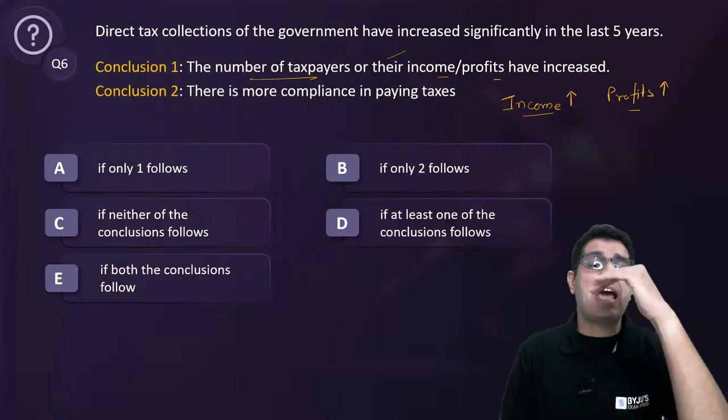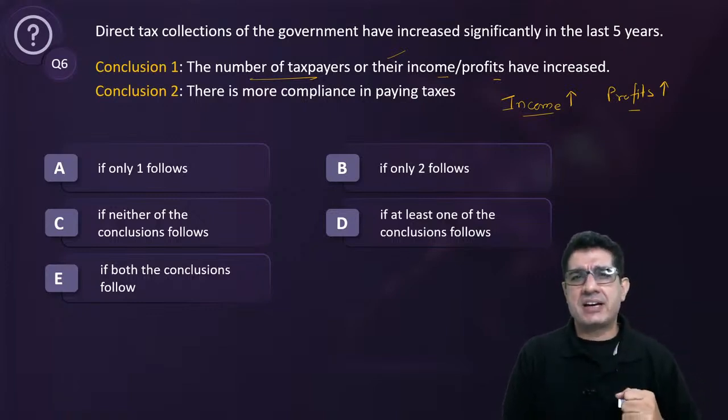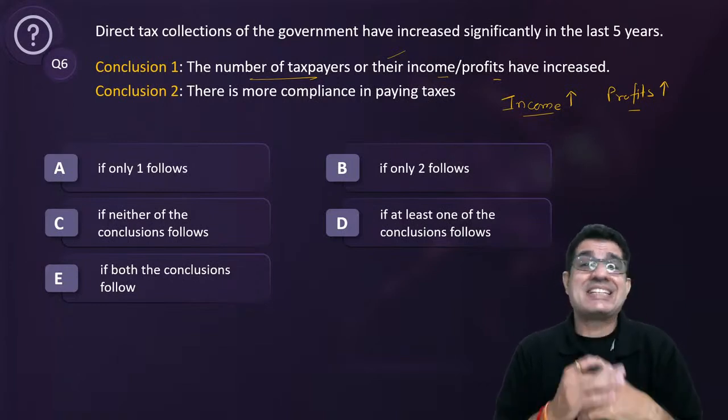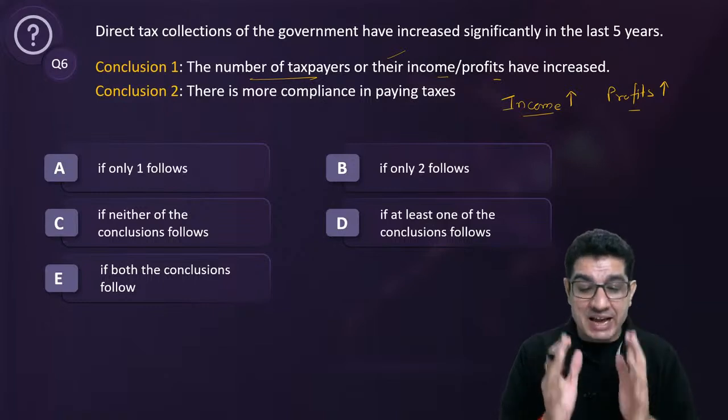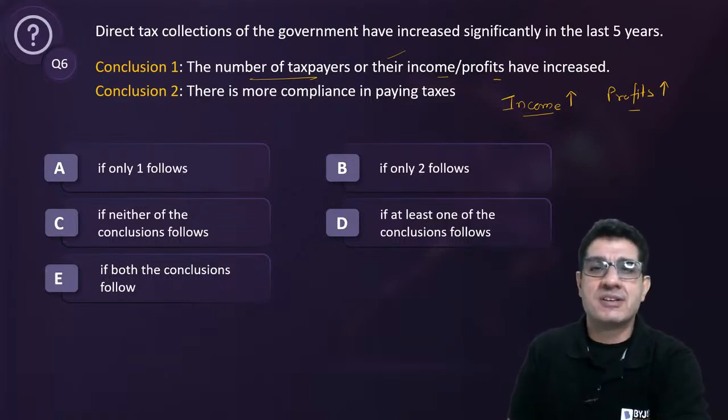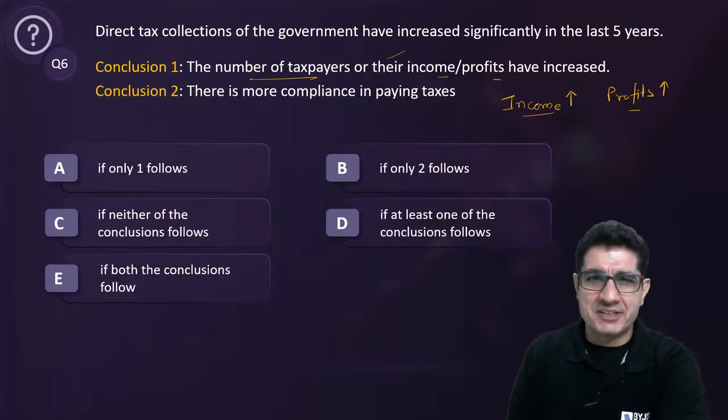Now, can I be absolutely certain of the fact that it has to be first, it has to be second? It can be first, it can be second, it can be both, but I cannot be absolutely certain that both the conclusions, both of these things have occurred. But at least one of these two would definitely have occurred.